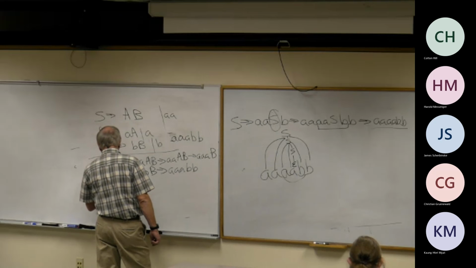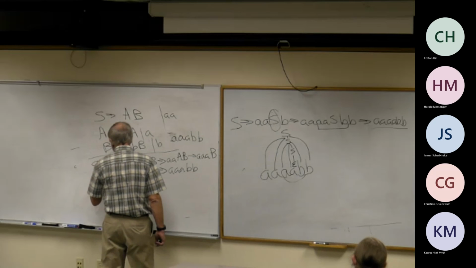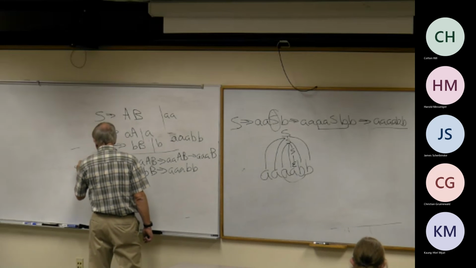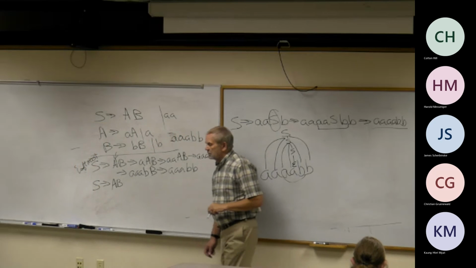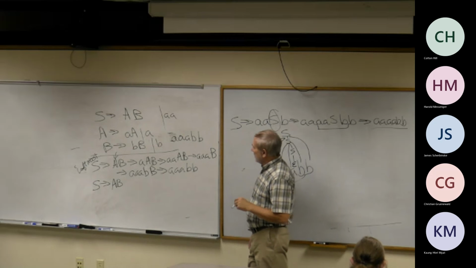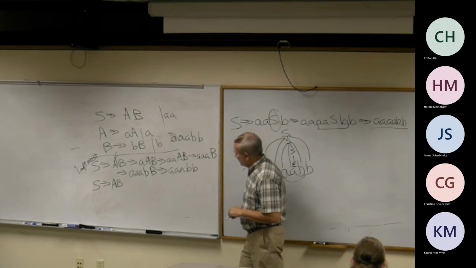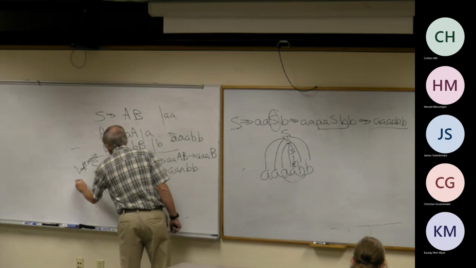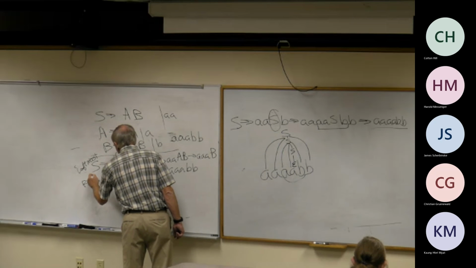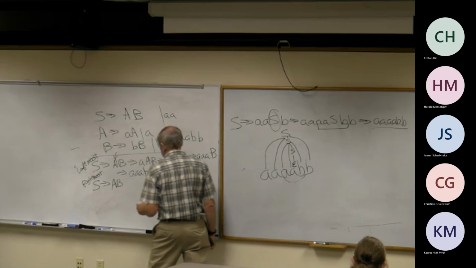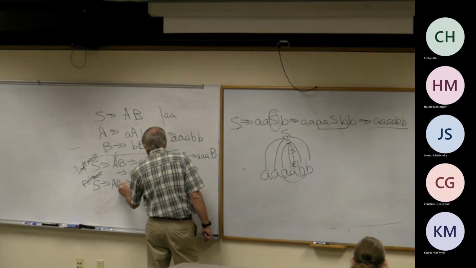Another perfectly good derivation would be, this is leftmost. Every time you have a choice of non-terminal, you pick the left one. The rightmost is going to do the opposite, and it only changes the sequence of choices, but not the rule applied.